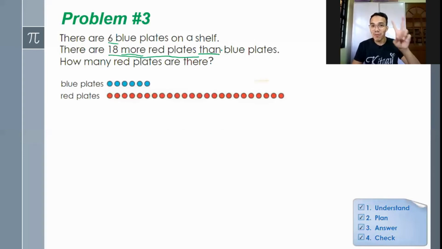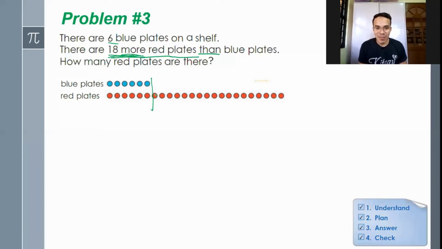Okay, but before that comparison model, let's have these objects first. Blue plates, there are 6 of them. And red plates, it says here 18 more. How do we do that? So up to here, the number of blue and the number of red plates are the same. To have 18 more red plates, you're just going to draw 18 more red plates here.